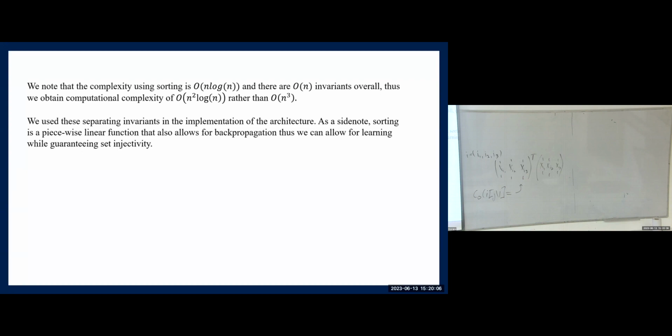So we have a total complexity of n^2 log n rather than O(n^3). Right, and log is not a constant, but it's a very small quantity compared to a linear function. So this is a very big improvement. And this is the result that my advisor did.